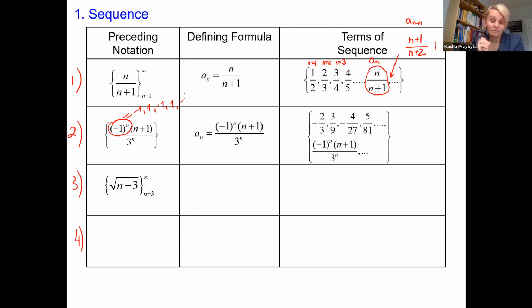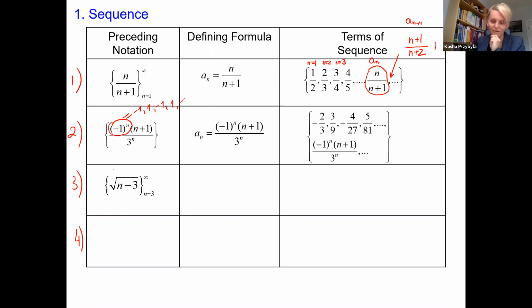Number 3, I have a different example, and we can see we will start from n equals 3. And you can guess why, because we have a square root, and in a square root we can't have negative numbers in the radicand.